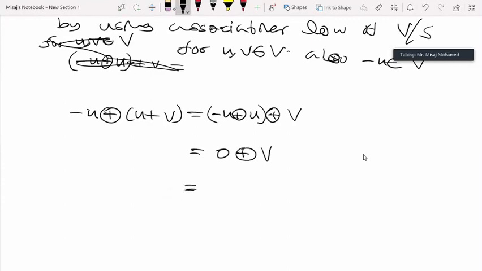So this is equal to v by the identity property.